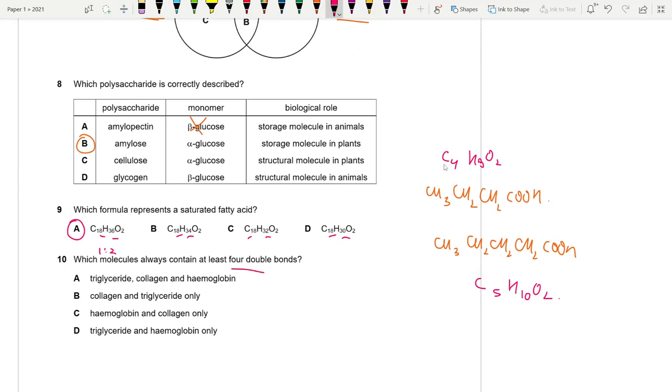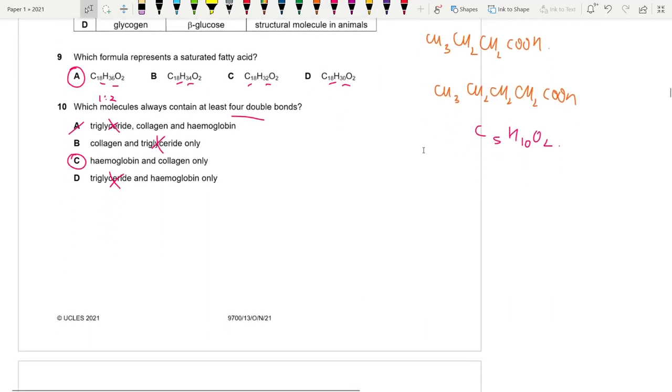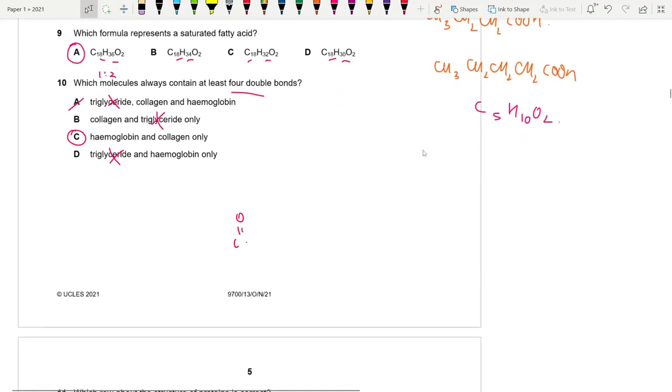In the triglyceride, there are 3 for sure, but the fourth one depends on the nature of the fatty acids. So we can't say for sure. So basically, triglycerides are cancelled. Okay, it has to be C. Right? 10 should be C. Because why hemoglobin and collagen? They're proteins, right? You have multiple peptide bonds, so you're going to get multiple double bonds from the CONH.